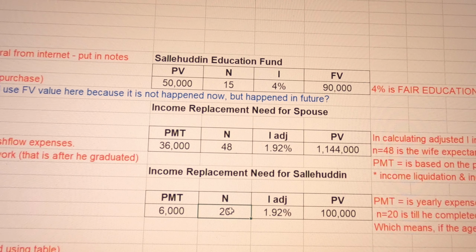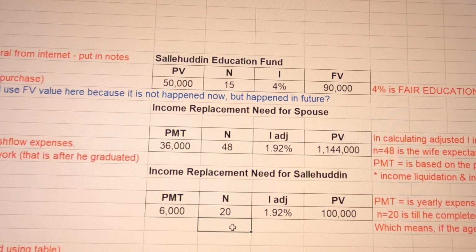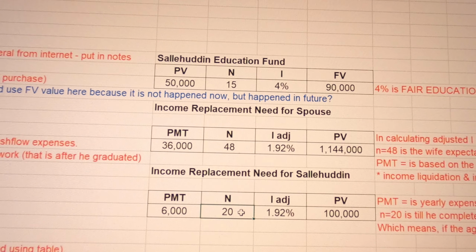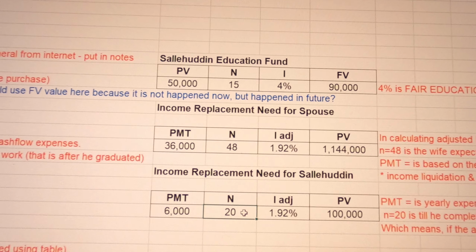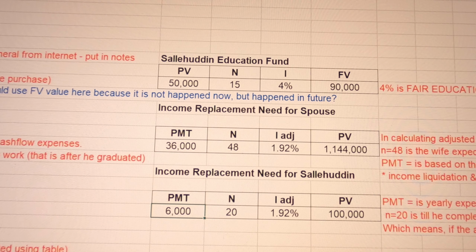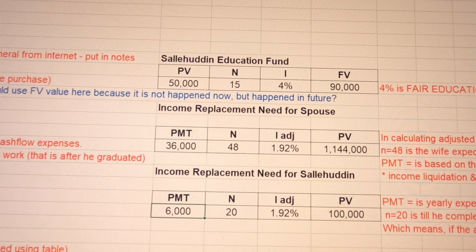Then the number of years that the income replacement need is necessary, to raise the child, give food for the child, etc., is 20 years. The PMT is obviously the yearly expenses of the child agreed by the client. So let's say the client said, okay, 6,000 is acceptable, then you use 6,000.